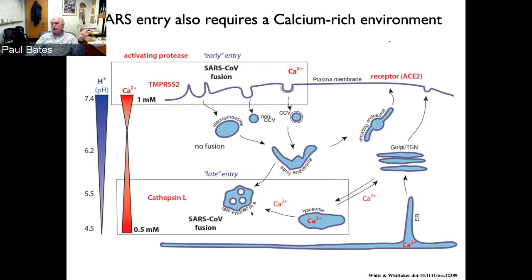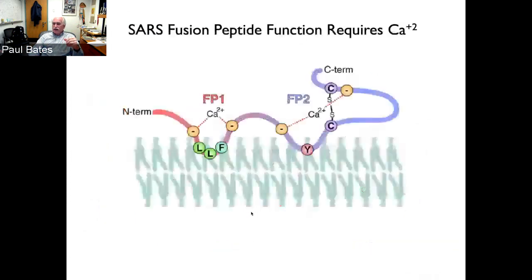The fusion peptide of SARS coronaviruses, both SARS and SARS-2, is a little bit different than other class 1 viral fusion peptides, and they just don't look quite the same. Using some peptides and studying them, it became clear that these fusion peptides actually require coordinating calciums to hold them in the active conformation.